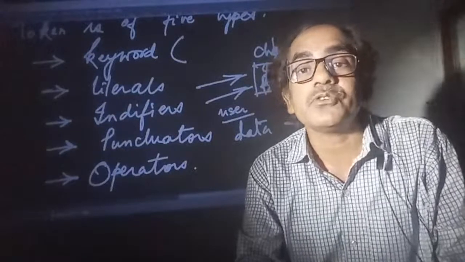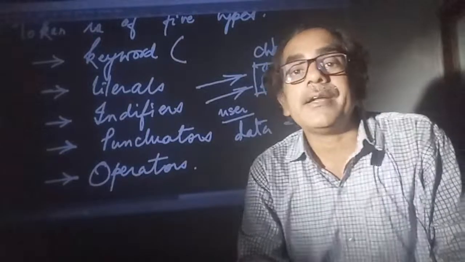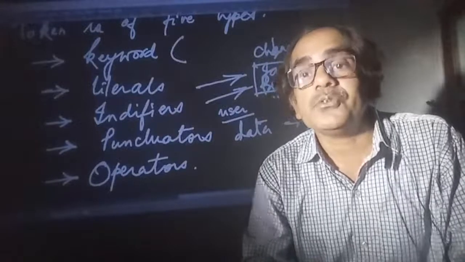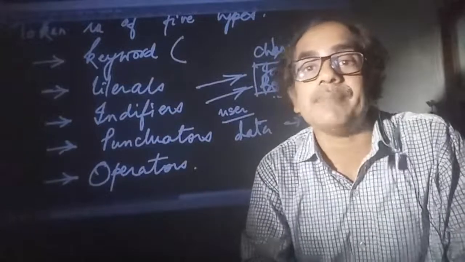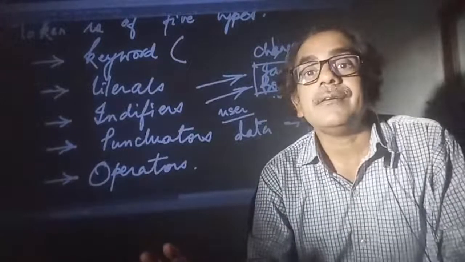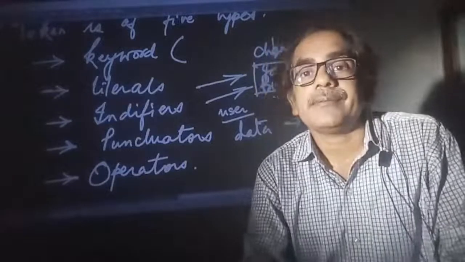Something which is used to identify a literal is an identifier. In our day-to-day life, in mathematics, you use this concept in the form of variables. The constant is the literal and the variable is the identifier.